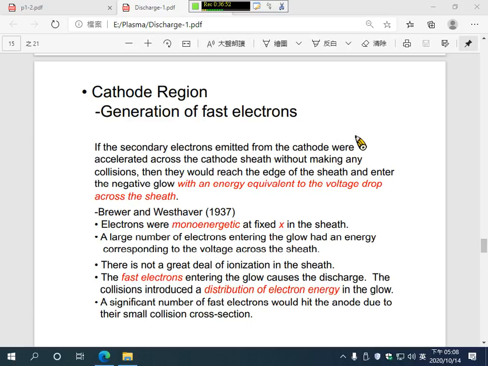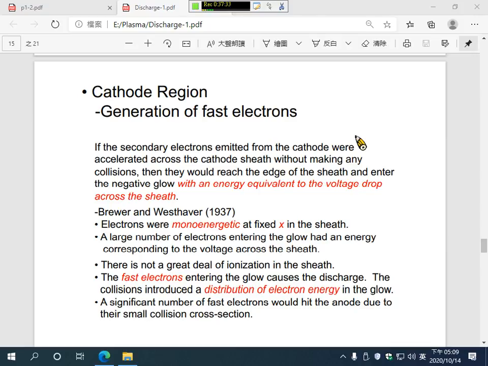Okay, and there are other collisional processes in the cathode region and in the anode region. Some of the electrons coming out from the cathode might possess very high energy as they travel across the cathode layer, and the maximum energy of the electrons is equivalent to the potential drop in the cathode layer, in the cathode sheath.